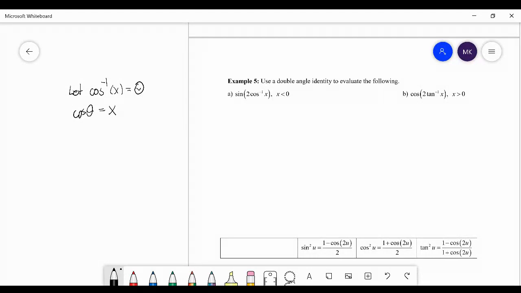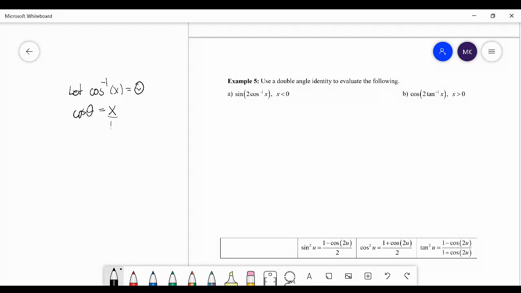If cosine of theta equals x, then I know I can find the other parts, because when it's just x, we can think of that as x over 1.